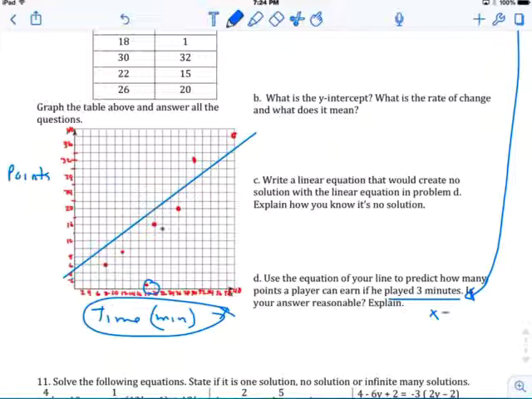So X equals time in minutes. Y is points. Notice points. This is the Y line. This is the X line.